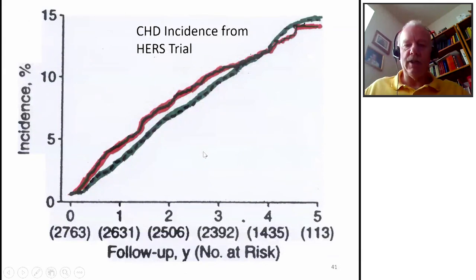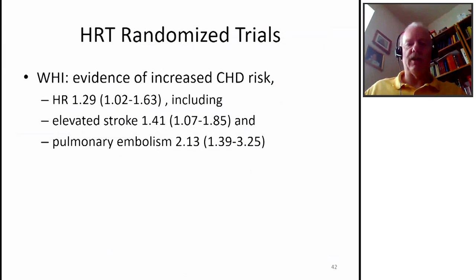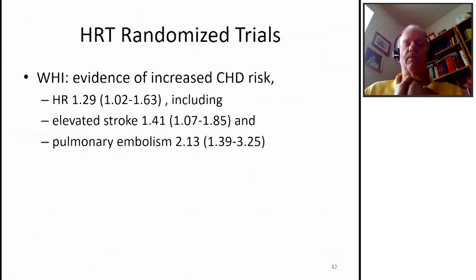And similarly, if you look at coronary heart disease incidence from that trial, that was also higher early on in the group that got the hormones. And so there was no suggestion of any benefit, and a suggestion of some harm.